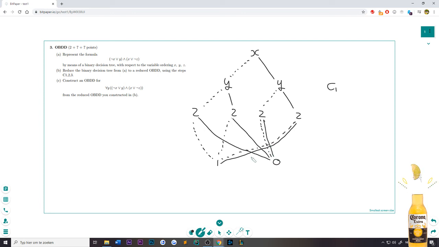Well, we see that these two are both going to the same node, right? So we can remove them and just redirect their incoming node. So this one's going to go to 1. And this one's going to go to 0.